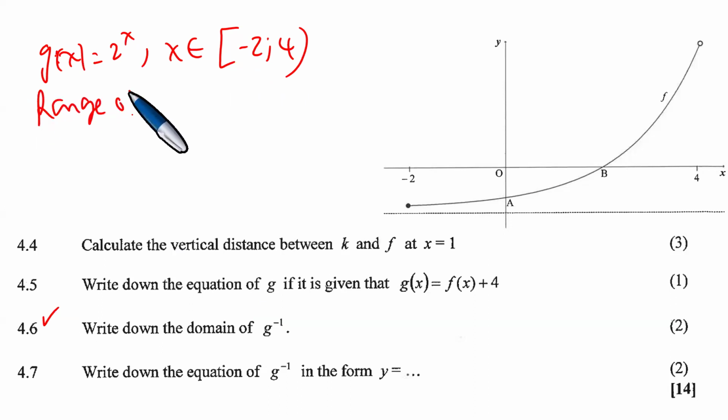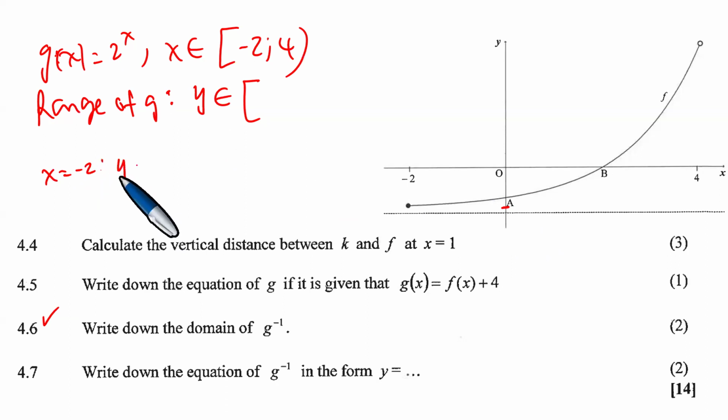So the range of g becomes y, which is an element of the following. The lowest y will be when x is -2.